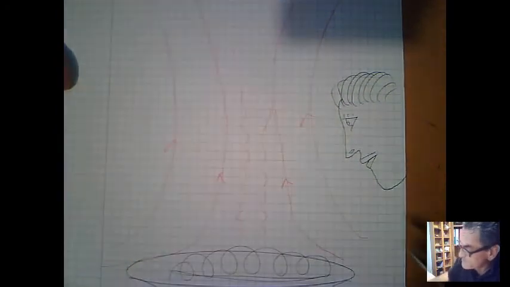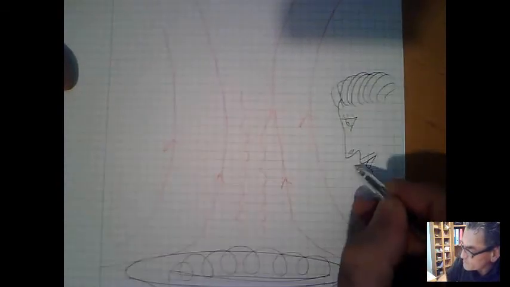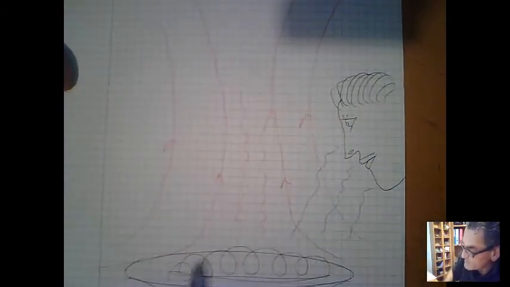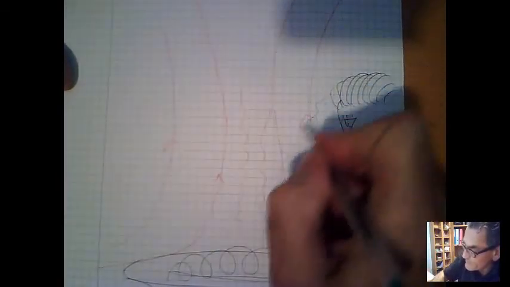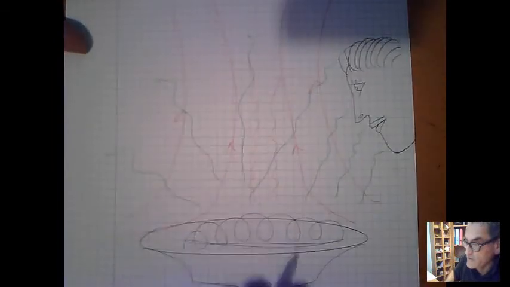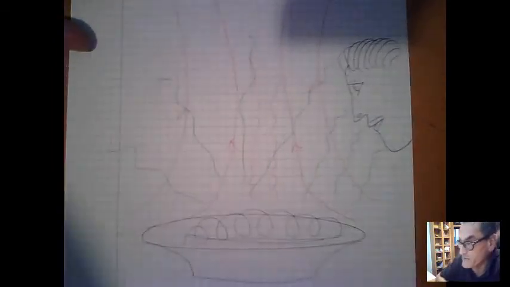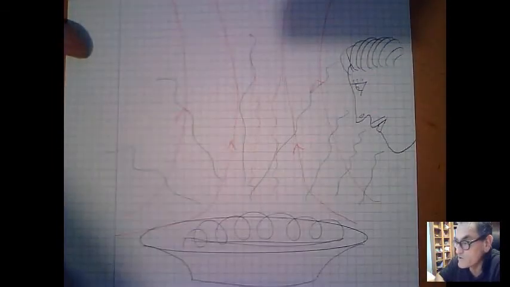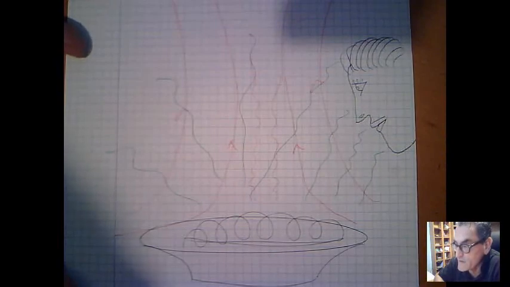Okay, there is another mechanism, which is radiation. This dish is warm, let's say it's 80 degrees, and so it's radiating heat in all directions in the form of electromagnetic radiation, and this radiation arrives to your face and it heats up your face.